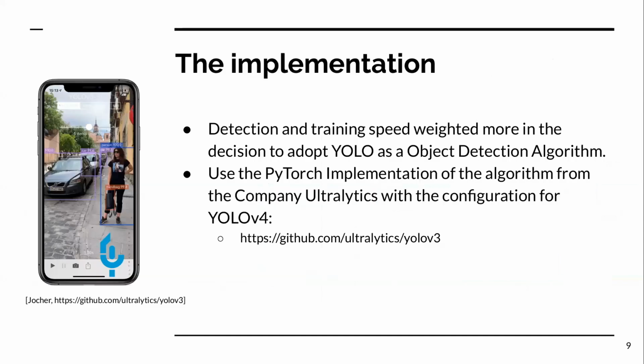So one of the big benefits of YOLO is that there are a lot of open source implementations in different languages and different machine learning frameworks, for example, PyTorch and TensorFlow. And we took into consideration mainly, because of the good documentation and easy implementation, the company Ultralytics, which had an open source project with the name YOLO version 3 that you can find in the link below.